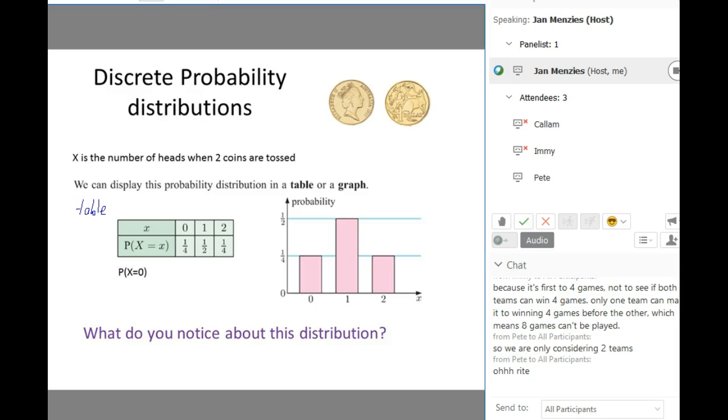Same information. Callum, are you willing to make a comment? Do you think the same information is presented? All right. So what do we see from those 2 formats?